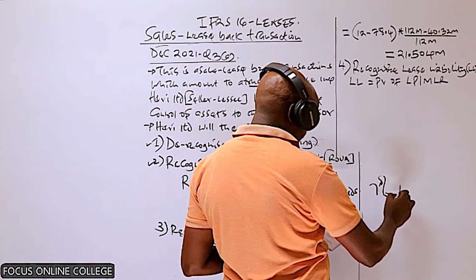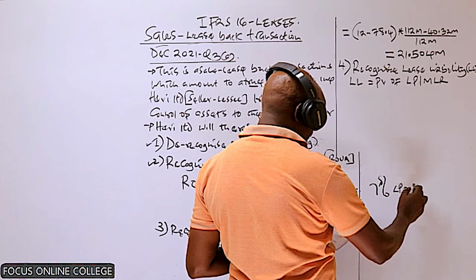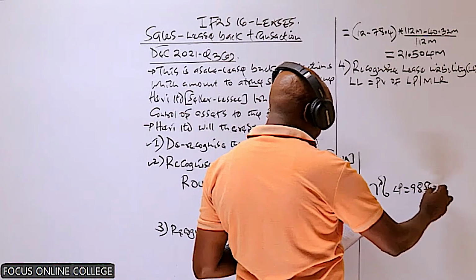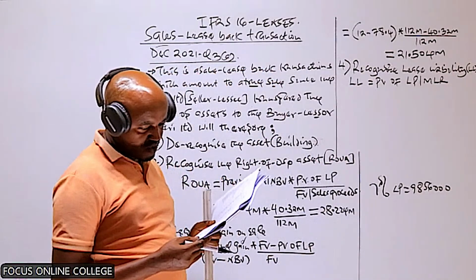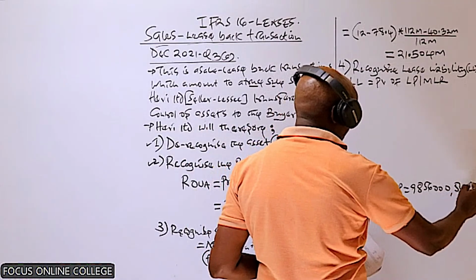And then the lease payment is also given as 9,856,000. So naturally, remember that this particular asset was leased back for 5 years. The asset was leased back for 5 years.